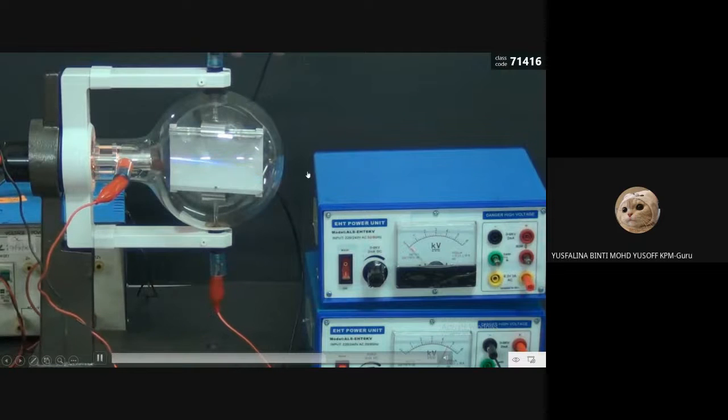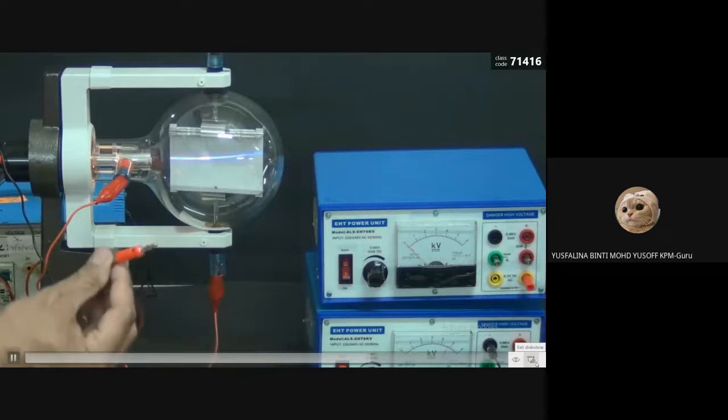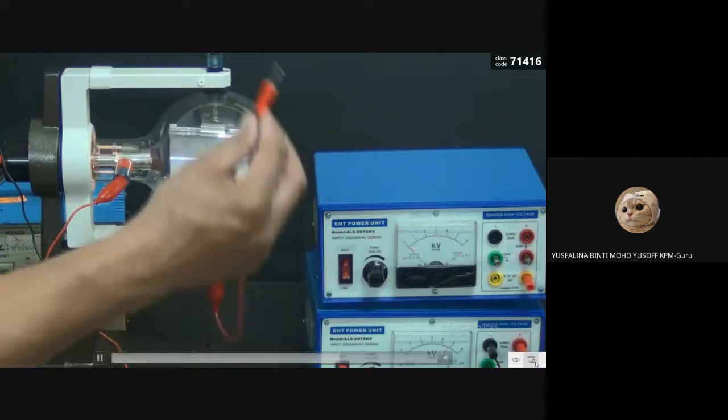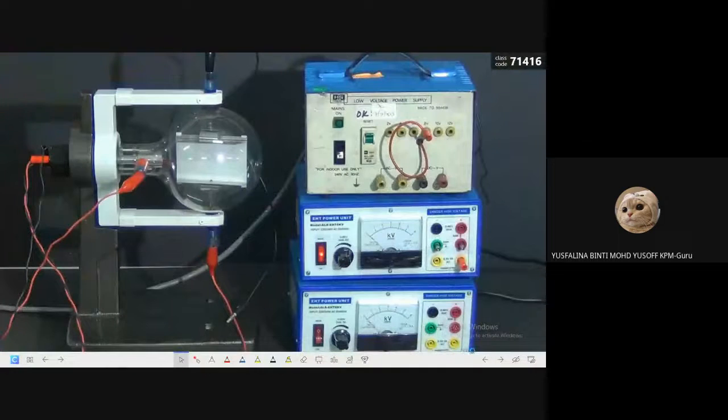But let's say we switch, right? We put the positive here and the negative here, so it will deflect upward like that. Because the electron is negative, it will be attracted to the opposite charge, right?